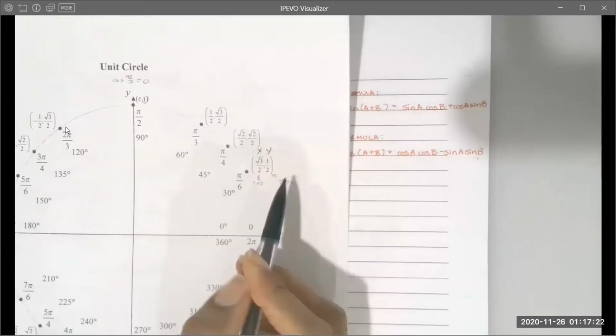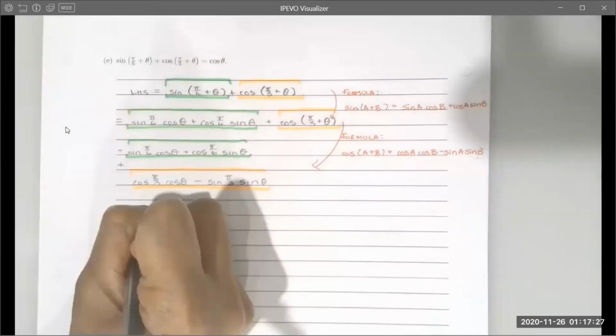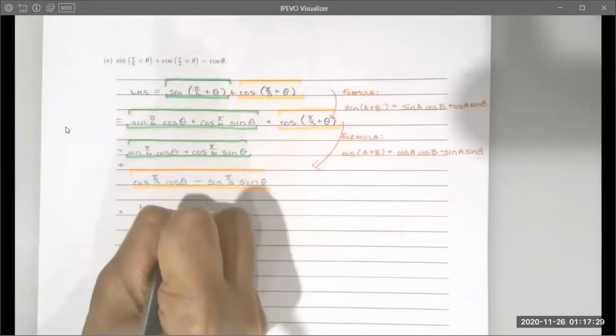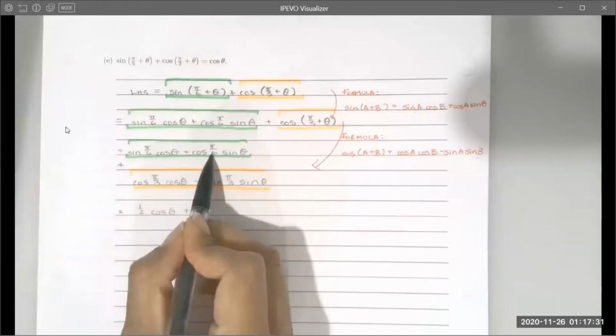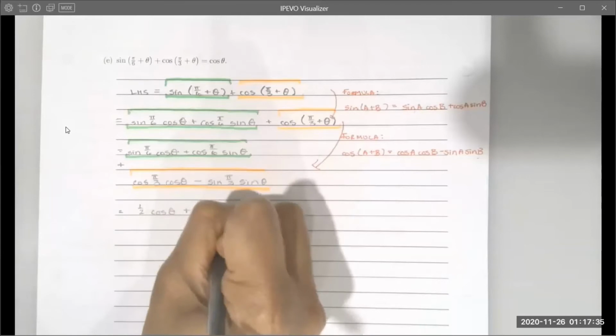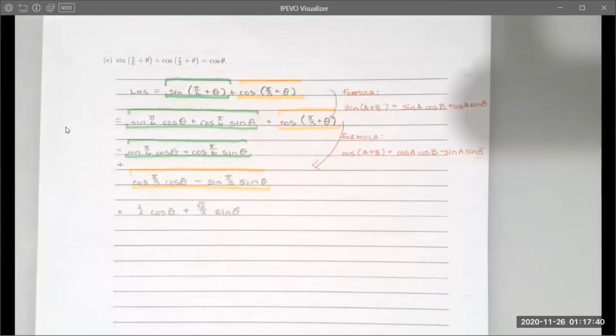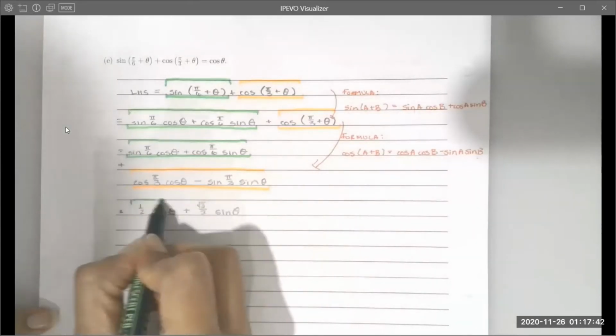So for sine of pi over 6, we get 1/2 times cosine theta plus cosine pi over 6, that would be radical 3 over 2 times sine theta. And that is the green part of our expression.